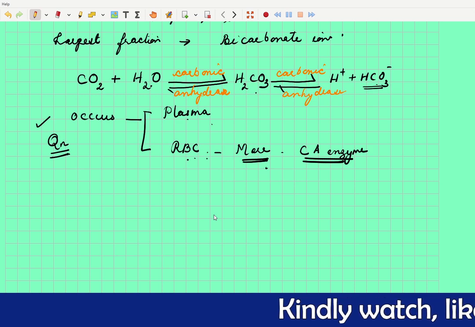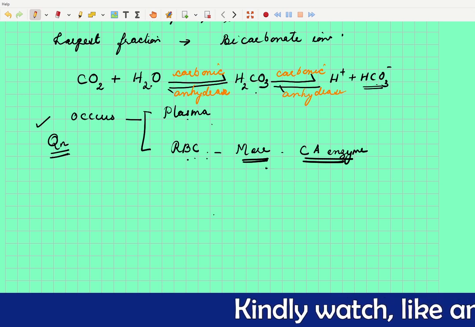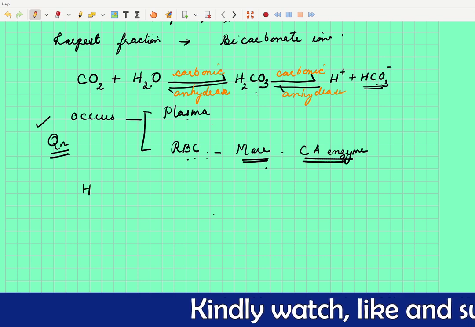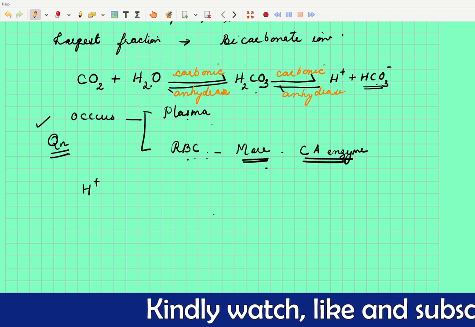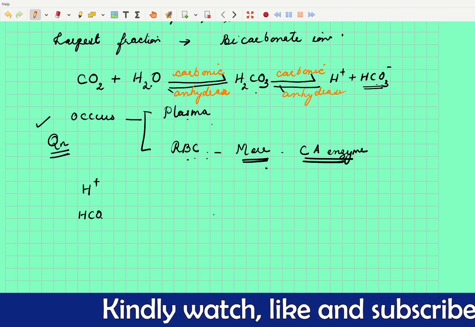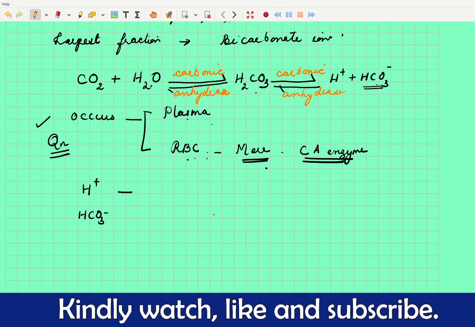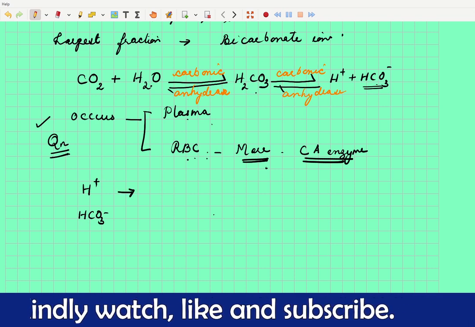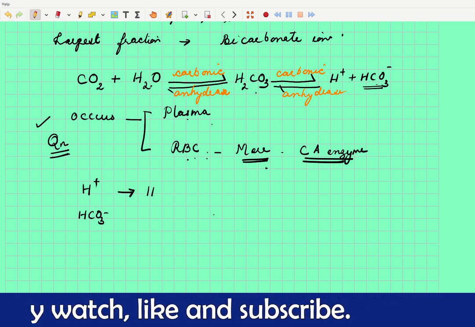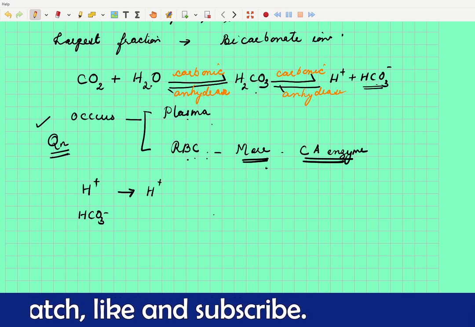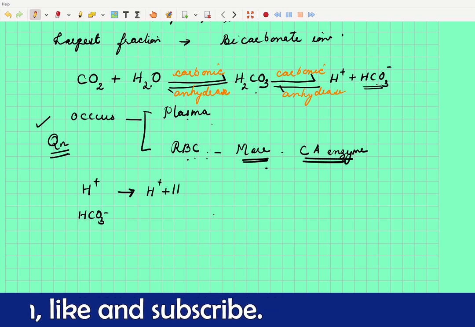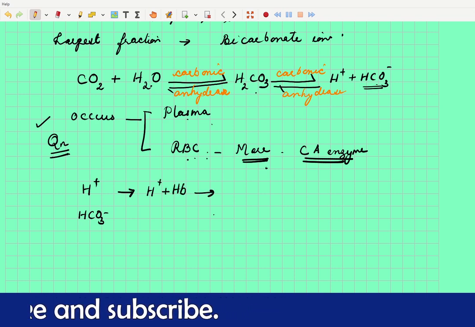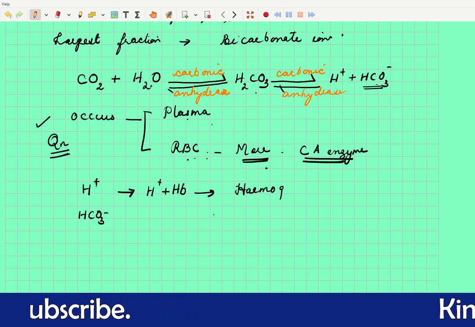When you check the equation, you can see there are two products. One is the H plus ion and another one is the HCO3 minus ion. The H plus ions combine with the hemoglobin to form a weak acid called hemoglobinic acid.